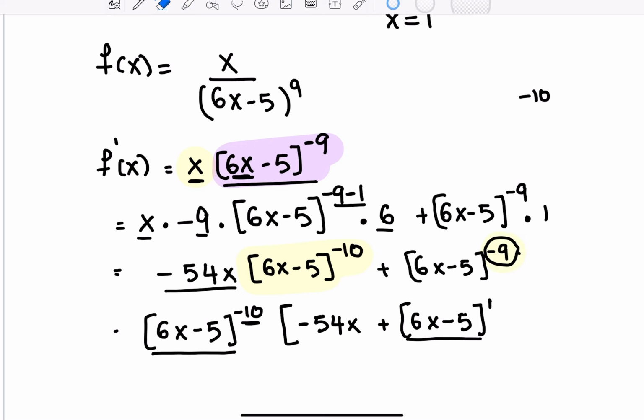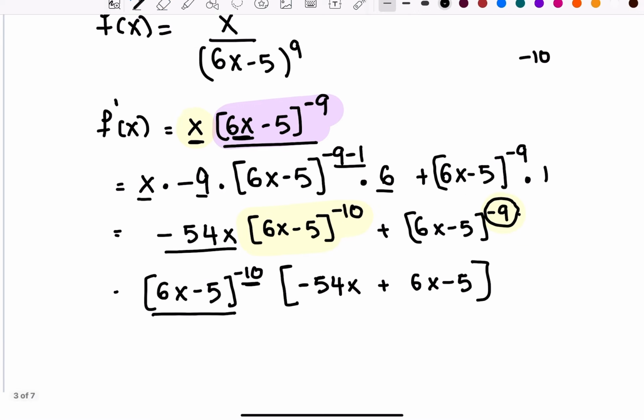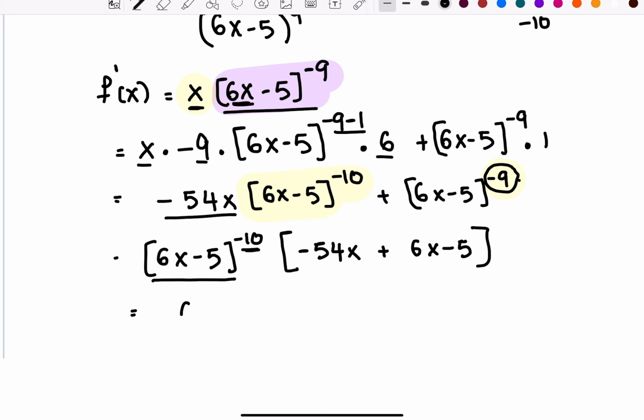All right, now having said that, let me erase these powers so I can go ahead and combine them. And here I have 6x minus 5. Now you might ask, Miss, can I use the quotient rule? Of course you can. You can use any rule, as long as you get the right answer. Negative 54x plus 6x is negative 48x, minus 5.